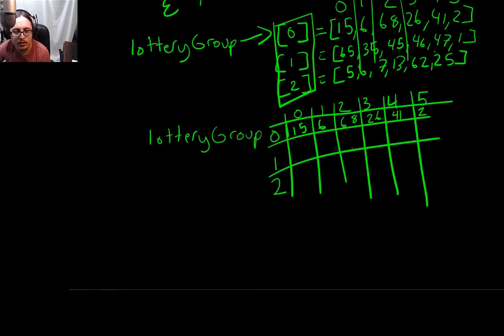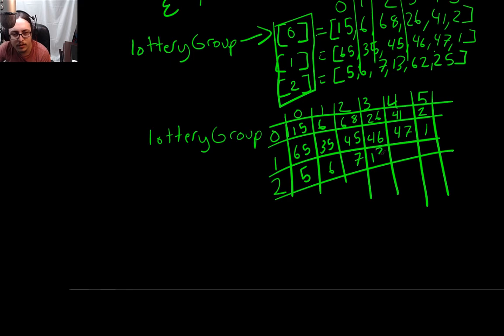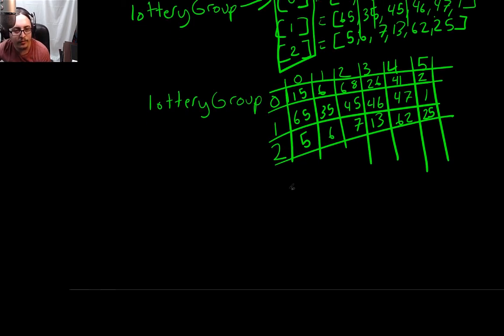And then we have 65, 35, 45, 46, 47, 1. And then this one has 5, 6, 7, 13, 62, and 25. Looks like this.